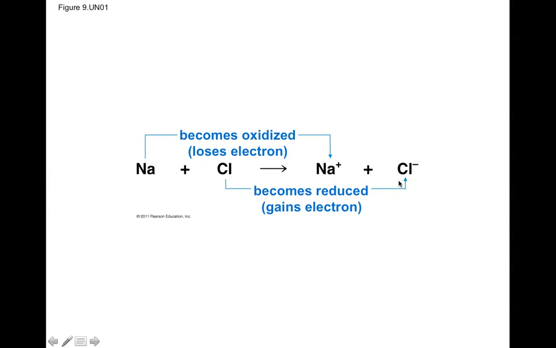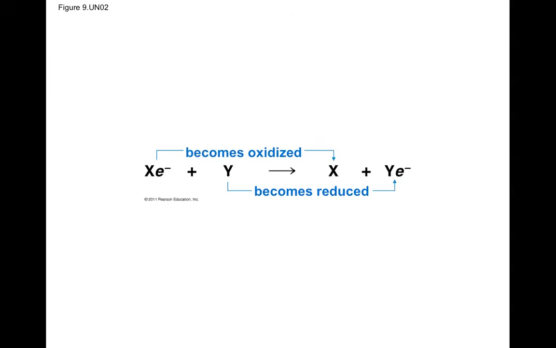Chlorine becomes a chloride ion by gaining an electron. So in this case, we'd say that the sodium atom has become oxidized because it's lost an electron, and the chloride ion is reduced because it has gained an electron. So in general, a substance that loses an electron or loses electron density is being oxidized, and a substance which gains an electron is becoming reduced.